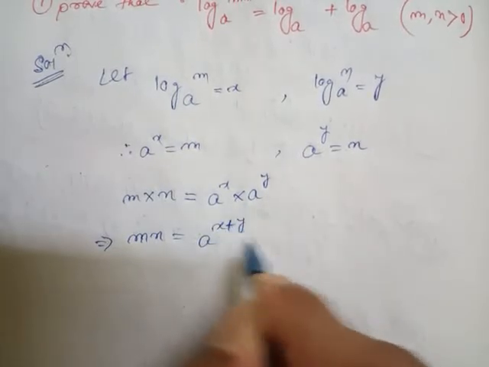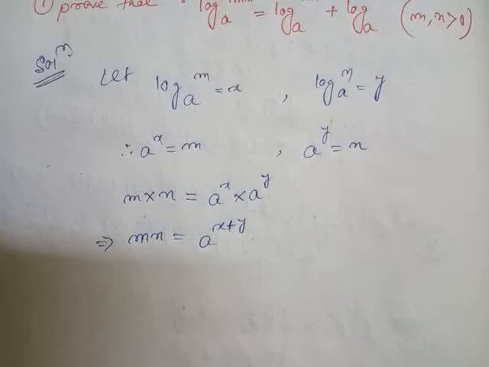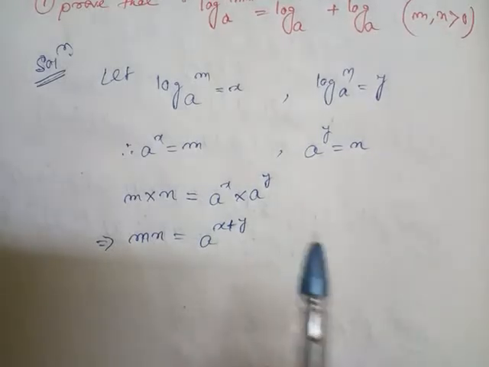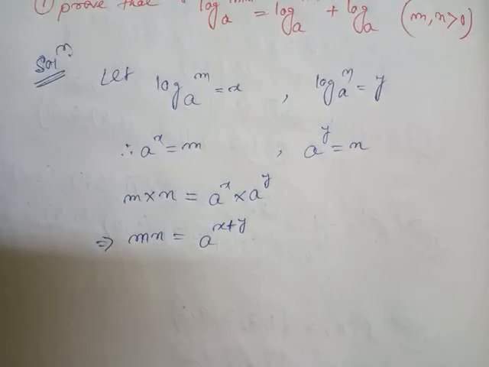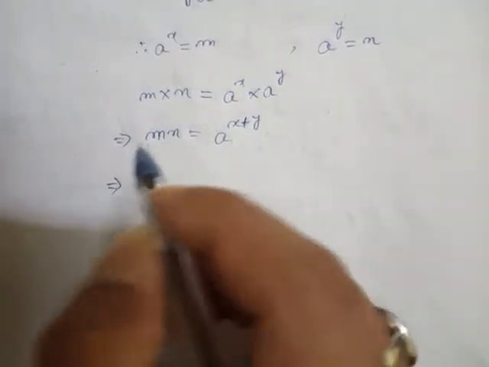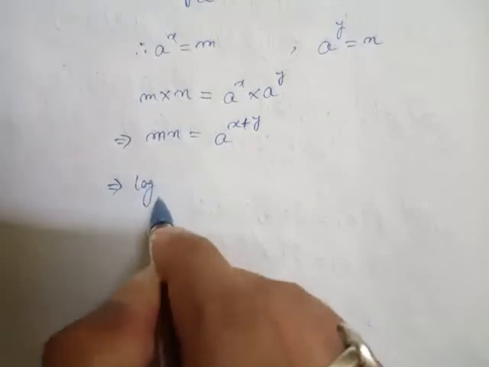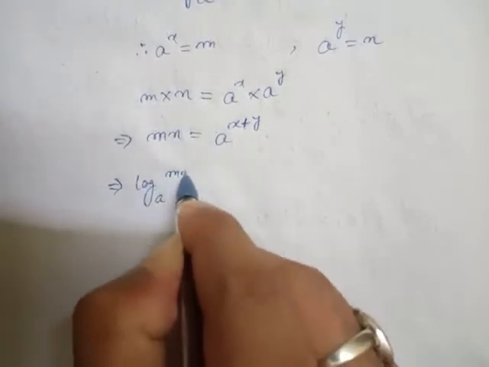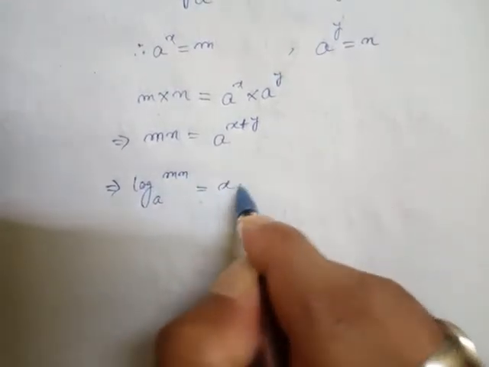This is the formula of indices. So here, now if I take logarithm on both sides, what will happen? Look now student, look here. By taking logarithm, so we can write here that log base a m into n, and there is x plus y.